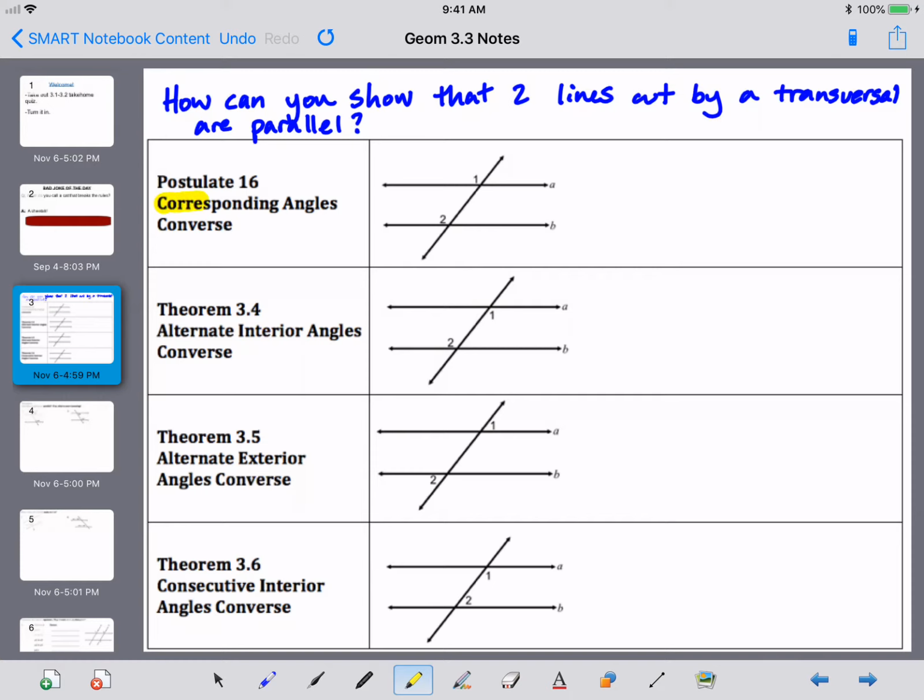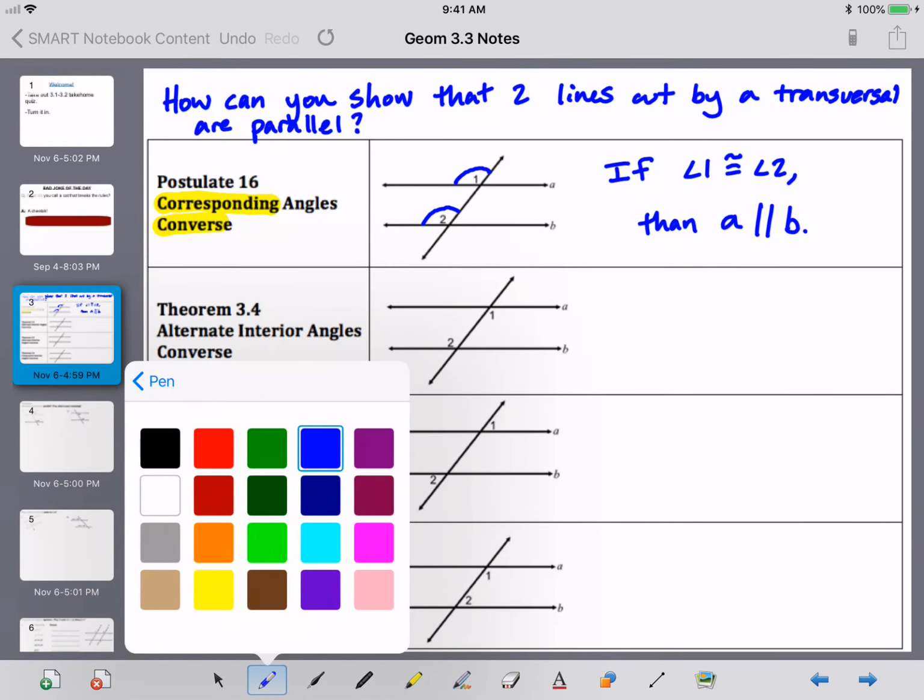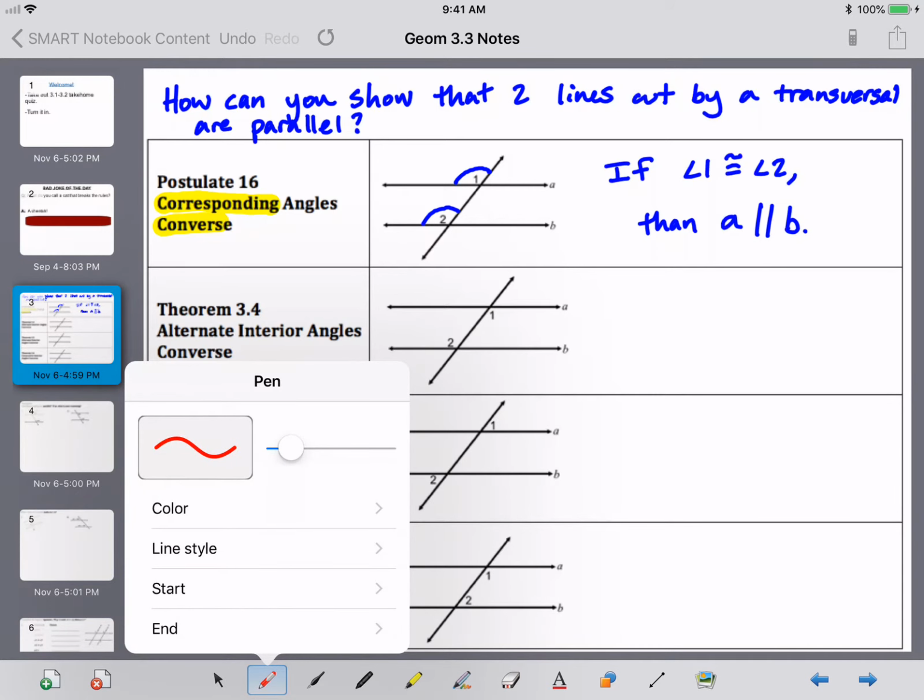So corresponding angles converse means that we're actually going to start with the fact that we know that angle 1 is congruent to angle 2. So if that's true, if angle 1 is congruent to angle 2, then guess what's true about lines A and B? Well, it's true that line A is parallel to line B. All right, and that works for a few other angle pairs as well.